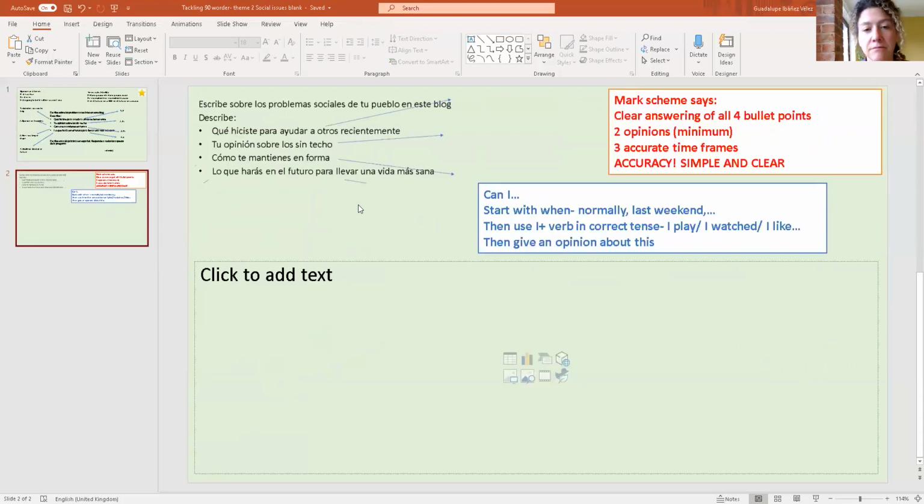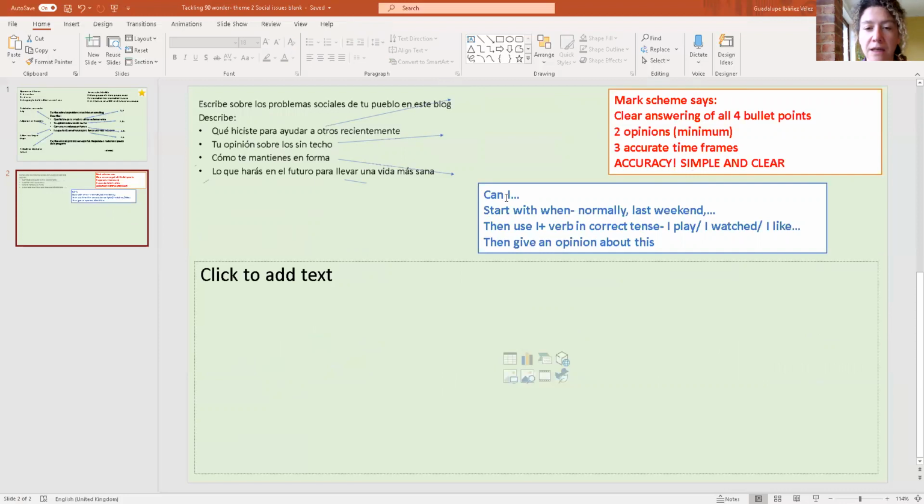And again, as we always go through this, it's very important to keep my task and my answer very simple, to include at least 2 opinions and to include 3 different tenses. And I already know where I have to put the different tenses.